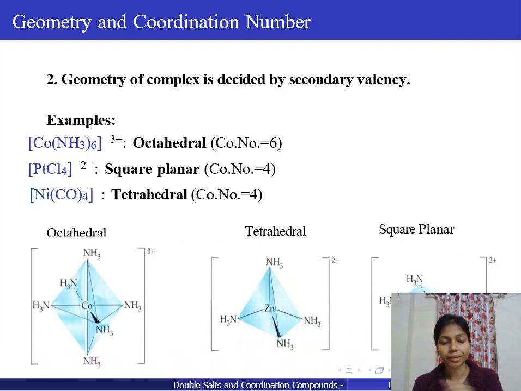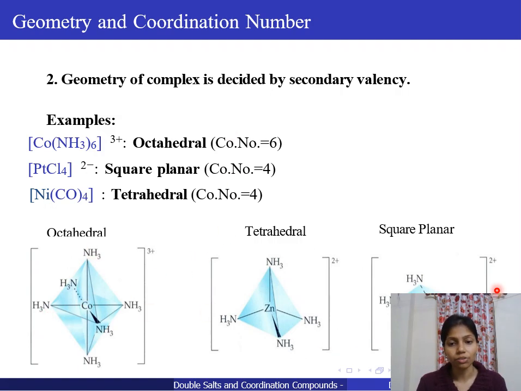complex. Another postulate of Werner is that the geometry of the complex is decided by secondary valency. Why? Because the secondary valency is directional, as orbital overlap will happen in particular directions.